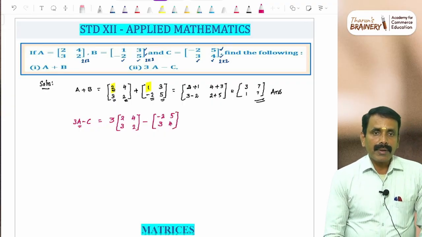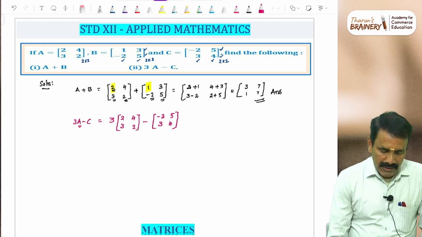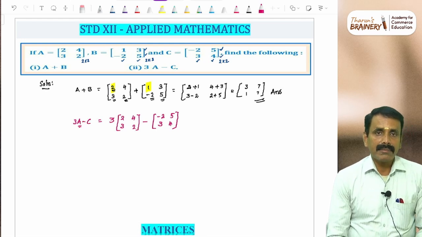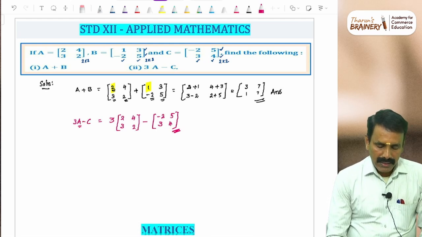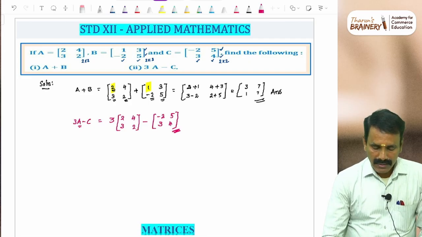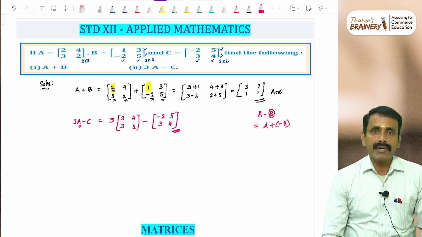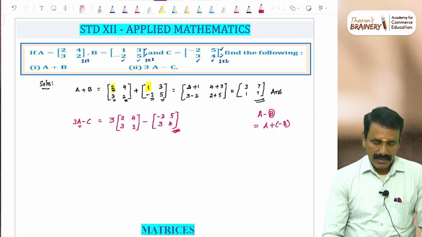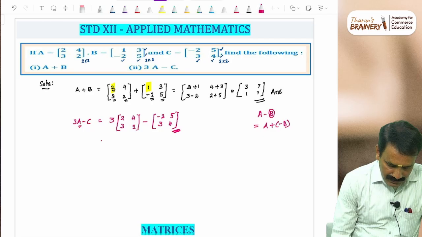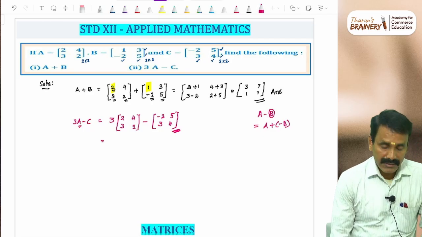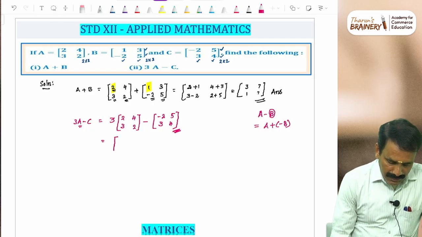I told you for subtraction we must convert this minus to plus by changing the second matrix to the negative matrix of it. That is, A minus B will be equal to A added with the negative matrix of B, that is minus B. A minus B will be rewritten as A plus of minus B. Same way here we are changing this. I multiply this scalar 3 inside. How to multiply scalar?